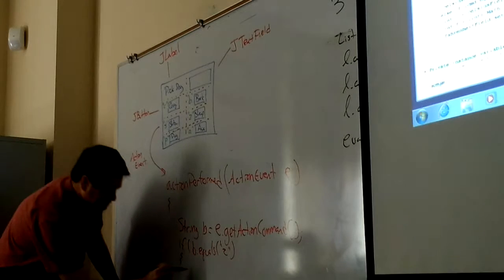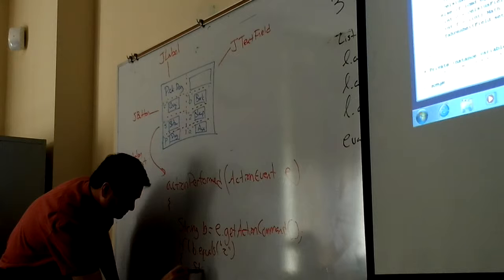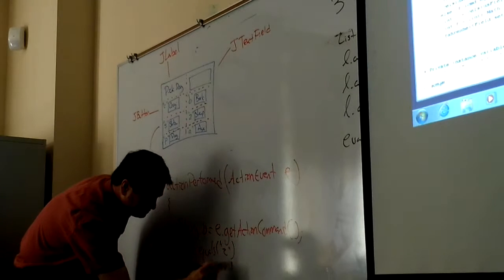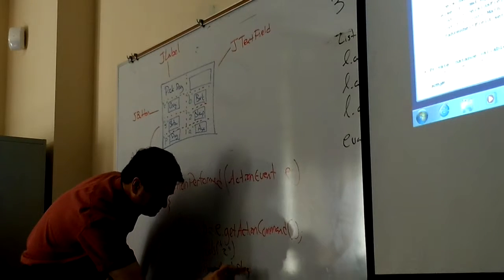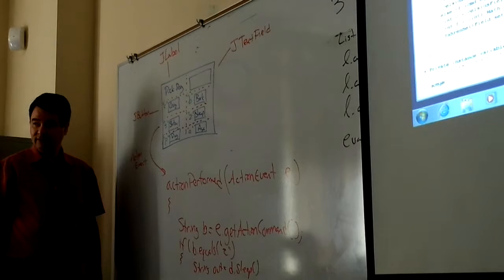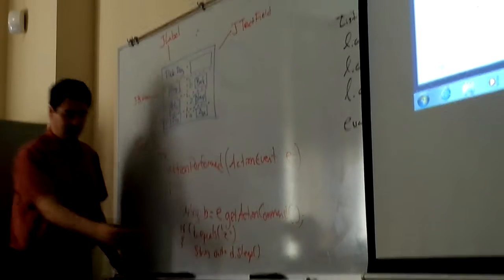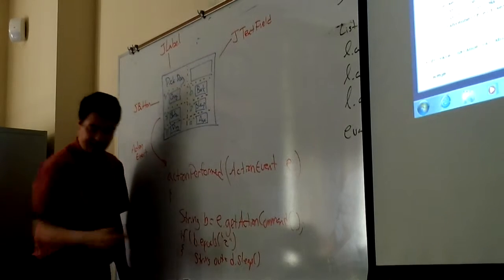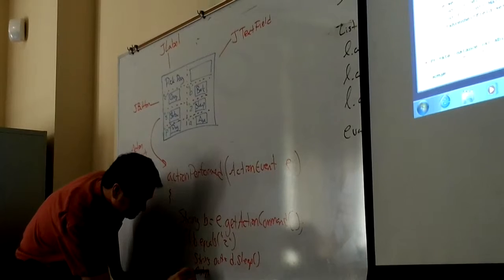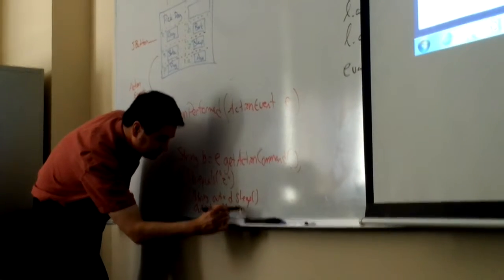So we'll go something like String out equals d.sleep. Right? Does that make sense? We're going to call sleep on the dog, get an output from it, and then we'll go output.setText(out).